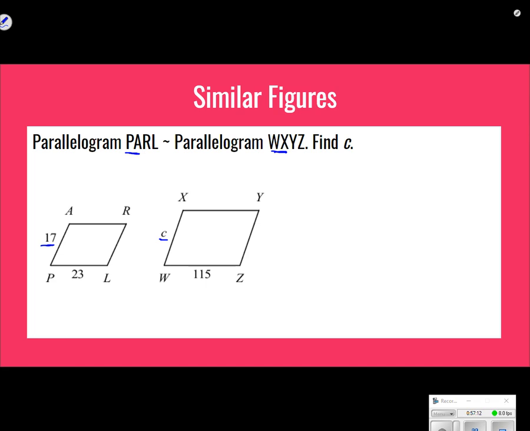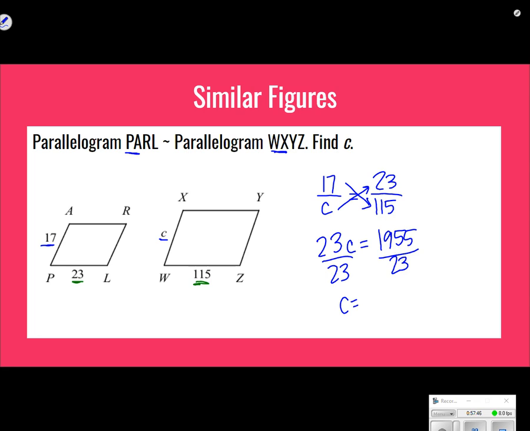So I usually do the small shape, so I might do 17 over C, the big shape that matches with that side, and then these two would go together, and the small shape goes on top, 23 over, big shape goes on bottom, 115. So you can do these with geometry figures, and you will do these when you get into geometry. So we'll get 23C equals 17 times 115, which is 1,955.